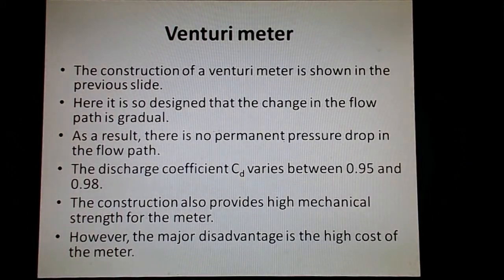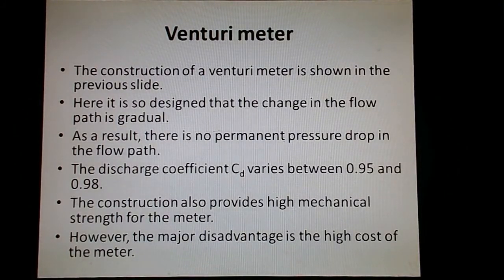Second advantage is that the high mechanical strength. Because of its construction, venturi meter is having high mechanical strength. And of course, first advantage is the pressure drop, permanent pressure drop is almost not present.